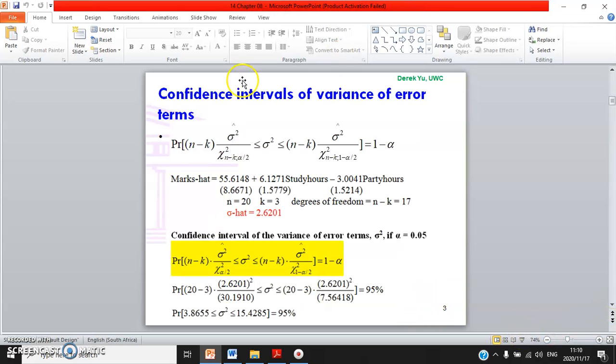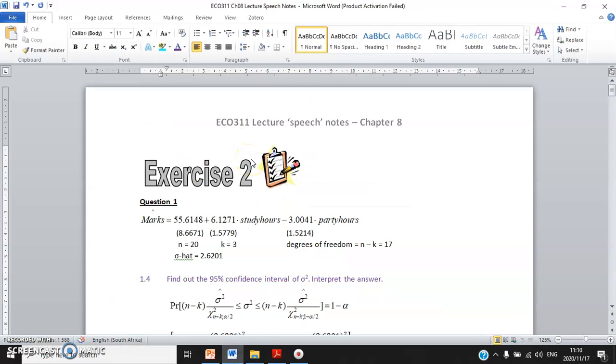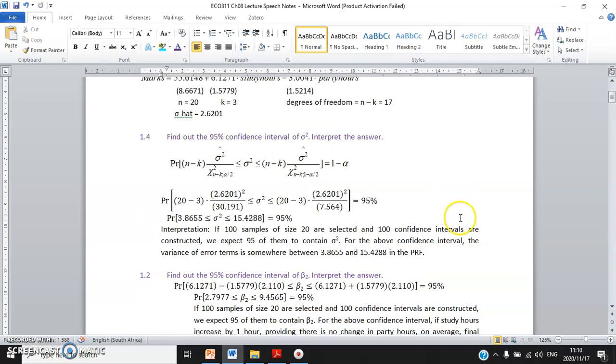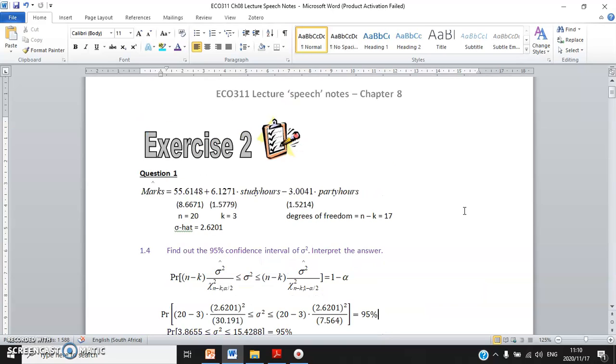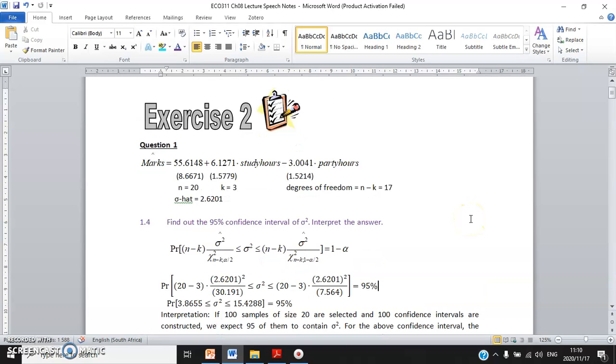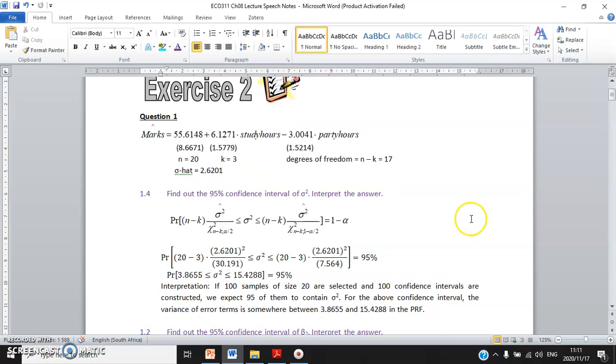Okay, so the first one, confidence intervals of variance of error terms. If you look at the study guide, I provide plenty of examples. So for these summary highlight lecture videos, I will maybe only do one question just to ensure you can fully refresh your memory or fully understand how to do this type of statistical analysis.